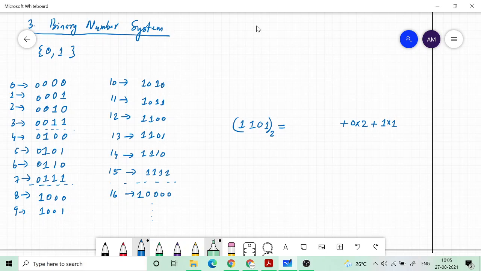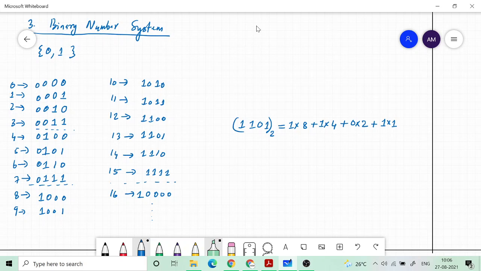Then you have 1 into 4, and when you go to the next, 1 into 8. So by introducing 4 digits, you can have a maximum of 16 possibilities, and the value comes like this: 8 plus 4 plus 2 plus 1.